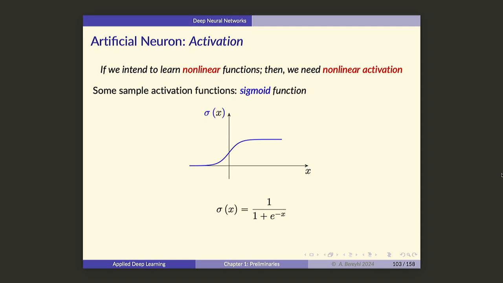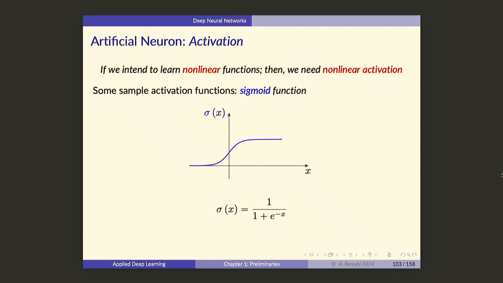If I send x to minus infinity, it's going to be 0, because e to the power minus minus infinity is e to the power plus infinity. It's infinity itself, and 1 over infinity is 0. So starting from 0, you gradually go up, hit the vertical line at half, and then go to 1.